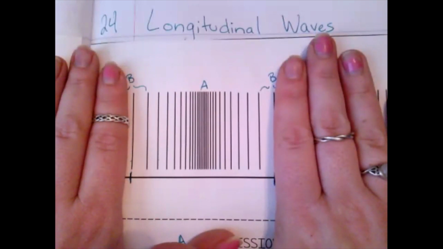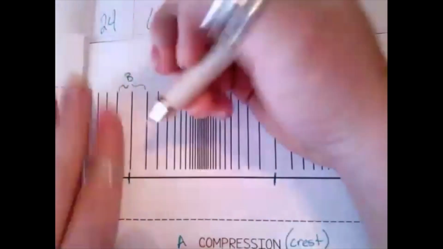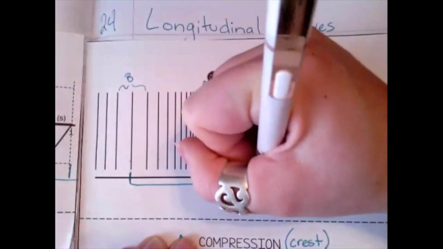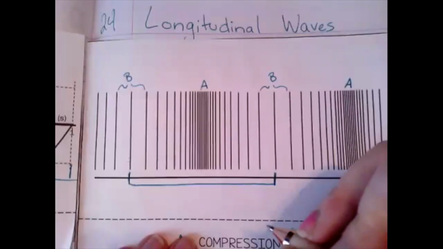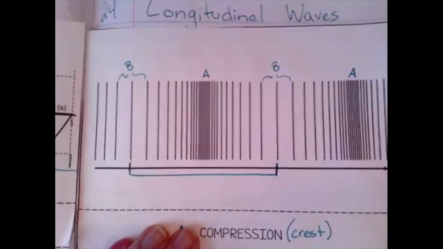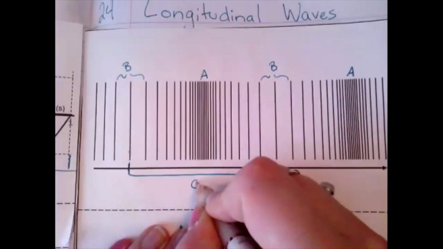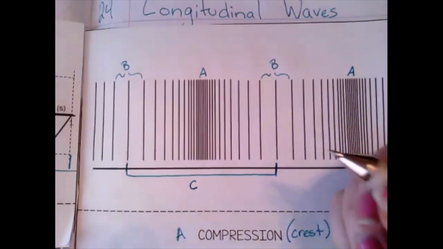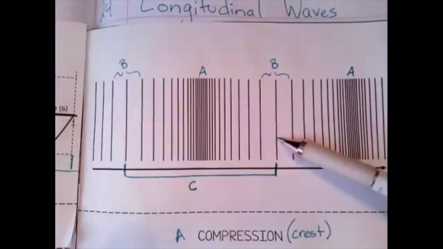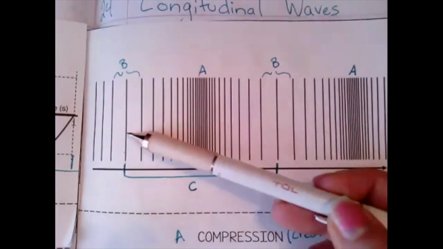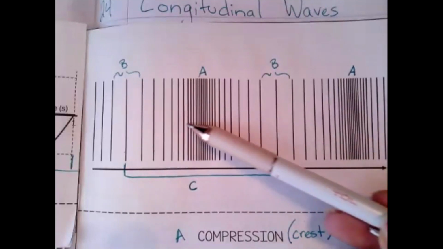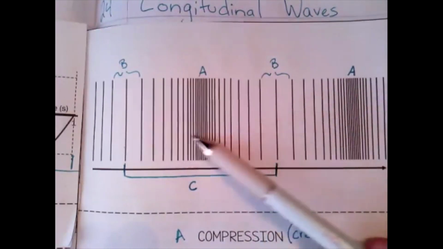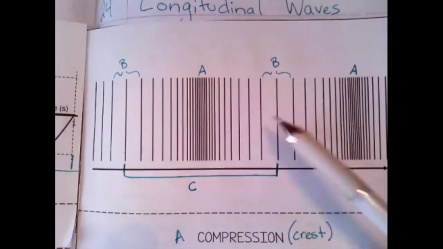Yes, I'm seeing head nods. Yes, it is one complete wave cycle. And so however long this is, that is our wavelength. So we found where the particle was farthest apart here to where the particle was farthest apart here. That includes one complete crest and trough, one complete rarefaction and compression.